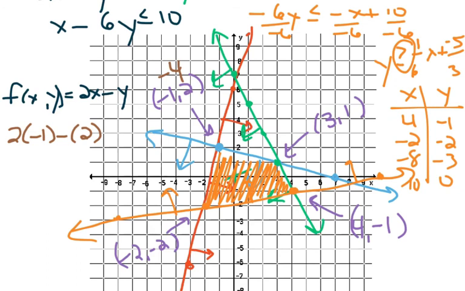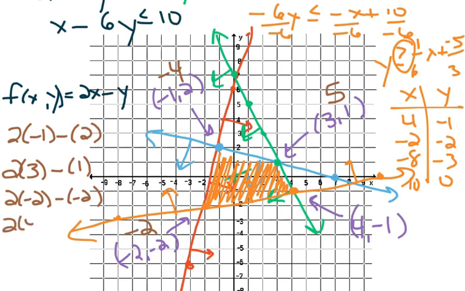Now I'm going to plug in (3, 1). So 2 times 3 minus 1 is going to be 5. Now I'm going to plug in (-2, -2). So 2 times -2 minus -2, which is -4 plus 2, is -2. And now I'm going to plug in (4, -1).